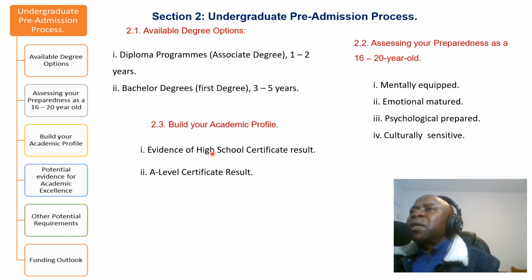So if you bring high school certificate and A level certificate, it could put you at an advantage. Then also, if you have the opportunity of doing a diploma in your country, then also that is good. So these are the things that we expect you to prepare.